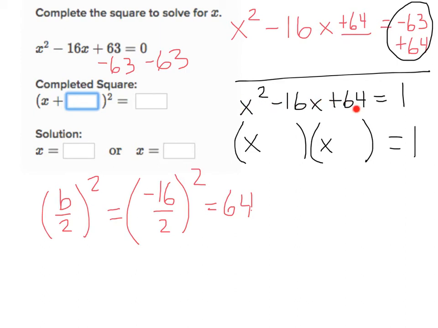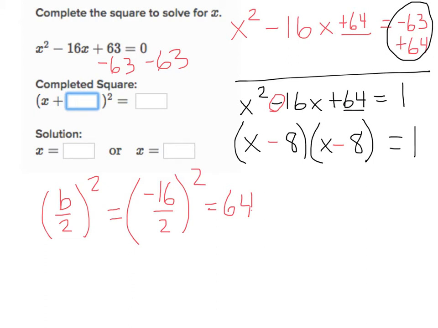So you're looking for the square root of 64. It's 8, right? And so 8 times 8 does equal 64, but now you need to pick out your signs. Notice that I need this to be a negative 16, so I need these both to be negative, and here's why. Negative 8 plus negative 8 does equal negative 16, and negative 8 times negative 8 does equal positive 64, so you factored it correctly.